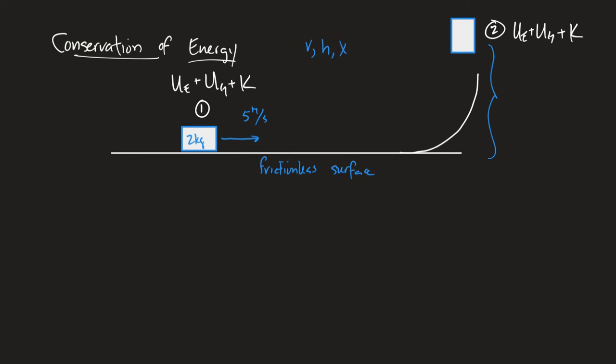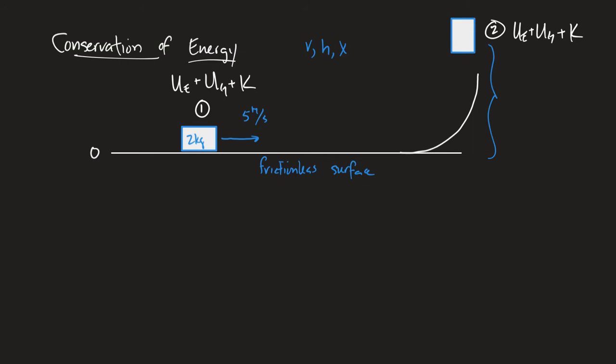Now, in these problems, it's probably best that you start the problem by identifying what you're going to call the reference level. Remember, with gravitational potential energy, there has to be a reference. What are you measuring the height from? I think this one has an obvious reference level in that I'm going to set the ground or the table here to be our reference level. Does that make good sense to you?